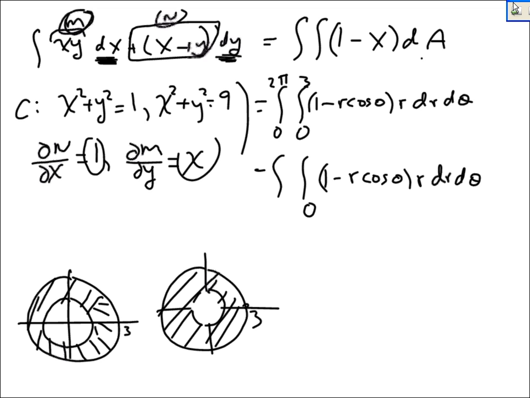The R goes from 0 to 1. That's the radius. It's 1. Originally it was 3. But now we're taking away from 0 to 1, and theta still goes between 0 and 2 pi. Integrate that, get your answer. That was a bit tricky in my opinion. But that's why I chose to do it.